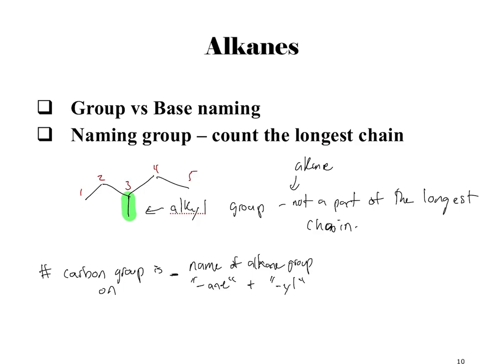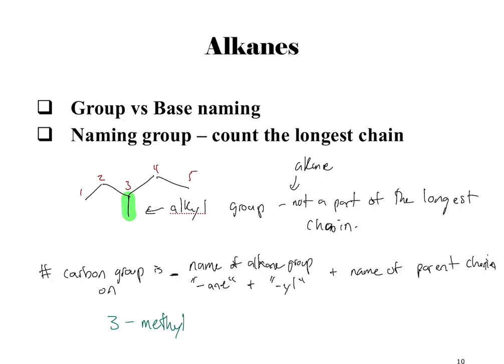After you do the group name, you just add the name of the parent chain. So what that looks like for this molecule is we said that on the third carbon, there is a methyl group, so it's 3-methyl.